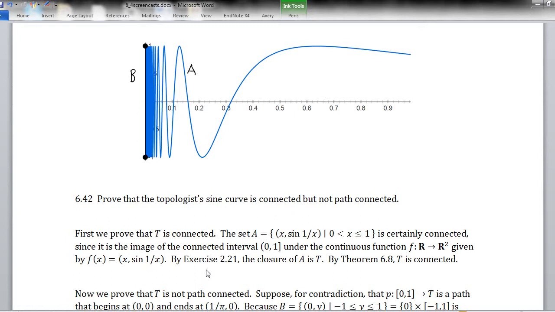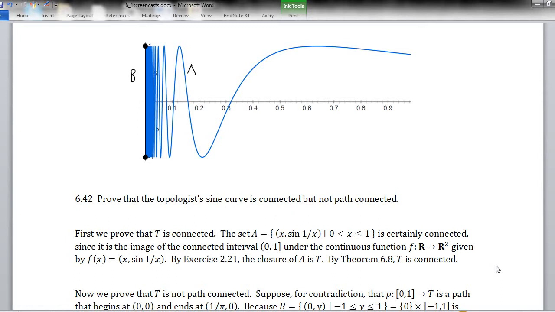And we know by exercise 2.21 a good while ago that the closure of A is the entire topologist's sine curve T. In other words, everything in B is a limit point of A. And theorem 6.8 in this chapter tells us that if a set is connected, then its closure is connected too. So we know that T is connected.